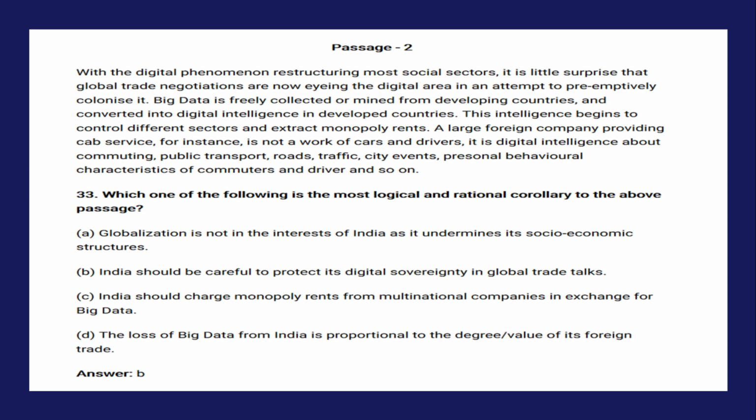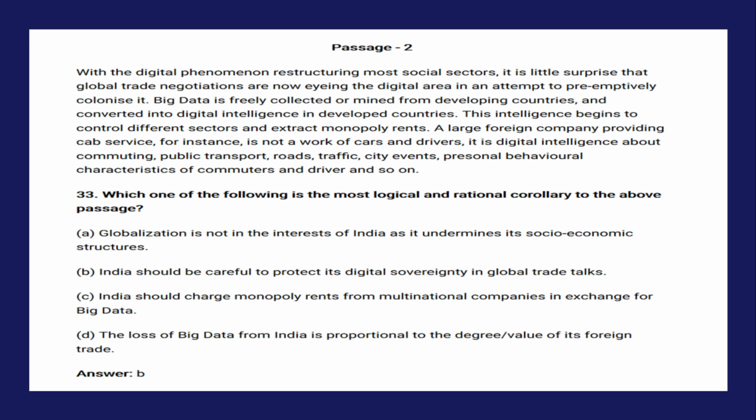This intelligence begins to control different sectors and extract monopoly rents. A large foreign company providing cab service, for instance, is not a network of cars and drivers. It is digital intelligence about commuting, public transport, roads, traffic, city events, personal behavioral characteristics of commuters and drivers, and so on.